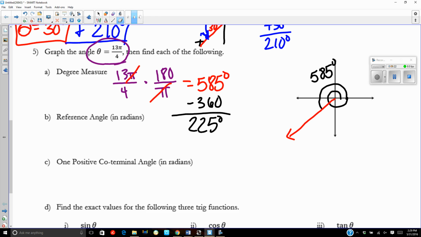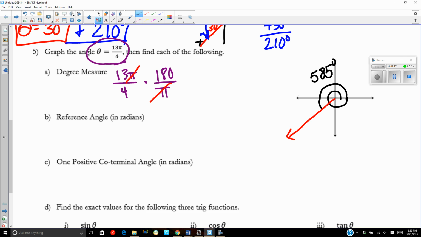The next question says find the reference angle. The reference angle is formed with the x-axis, the shortest distance. So the reference angle is going to be this angle right here, just this piece. So to find that piece, it's 225 degrees subtract 180.